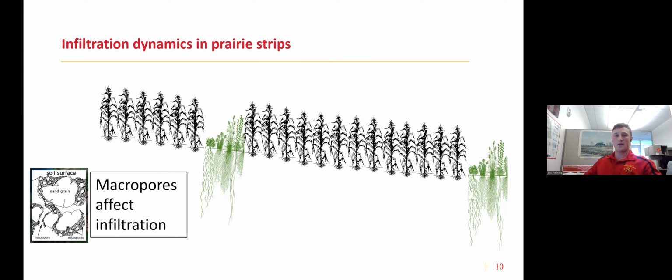Now, when we compare macropores and infiltration between row crops and prairie strips, our hypothesis goes a little like this. Okay, we have an example rainfall event. The row crops, we would think, maybe have relatively lower capacity to infiltrate water. So surface runoff is produced, sediment is carried with that runoff, and then the runoff reaches a prairie strip where there's a greater ability to infiltrate water.